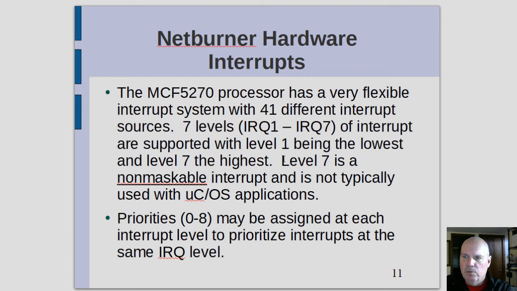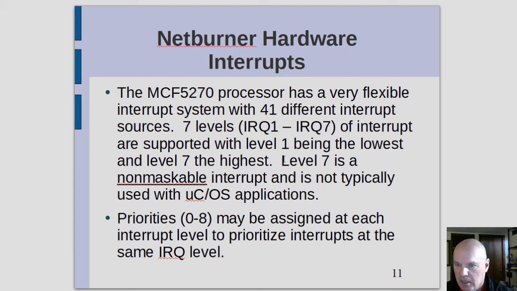The processor we're using also has a flexible interrupt system with 41 different interrupt sources. 7 different levels are supported, with level 1 being the lowest and level 7 being the highest. Level 7 is a non-maskable interrupt and is not typically used with MicroC/OS applications.